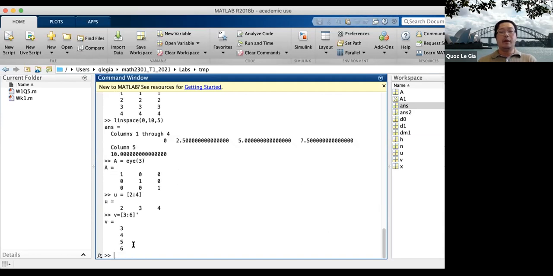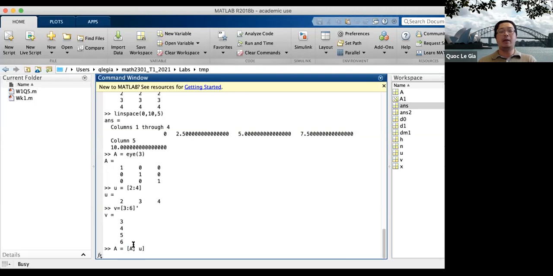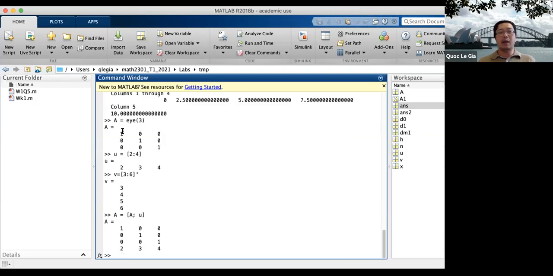Now A is, you just take the original matrix A, and the semicolon and u just mean that you put the row vector u underneath the matrix A, and you put it back into the matrix A. So you see the matrix A here, and now the vector u here.